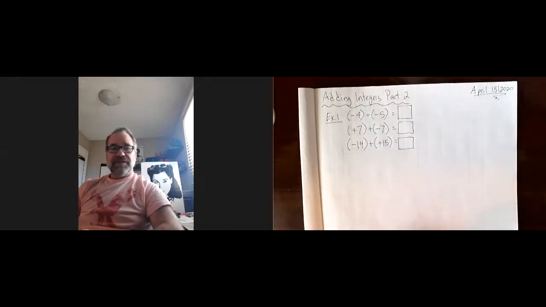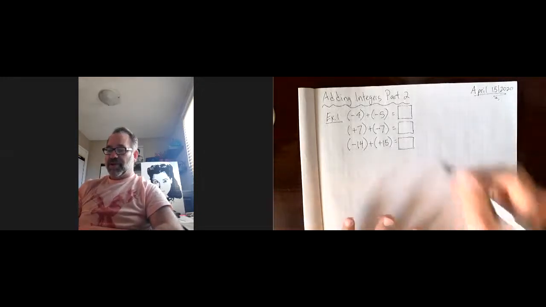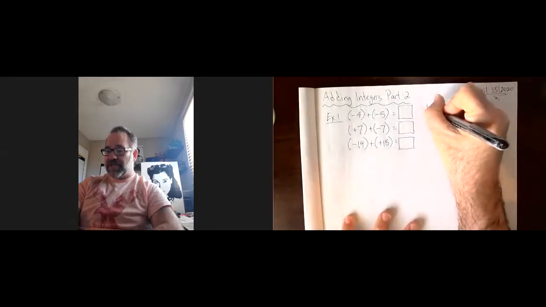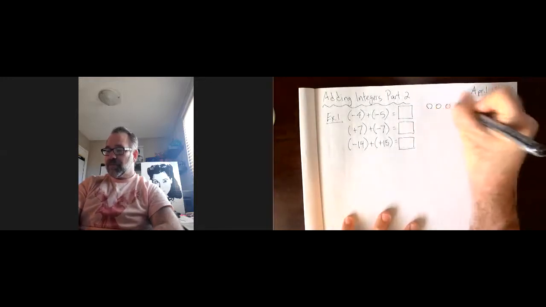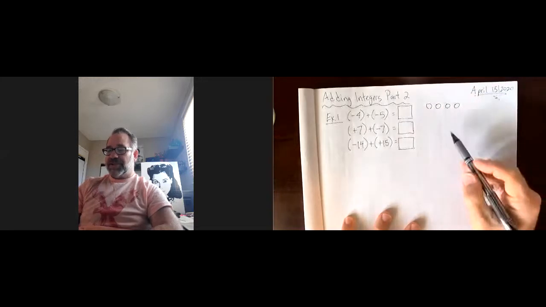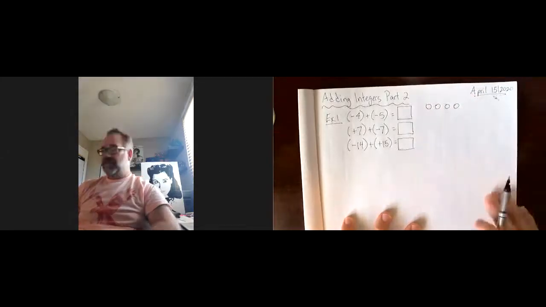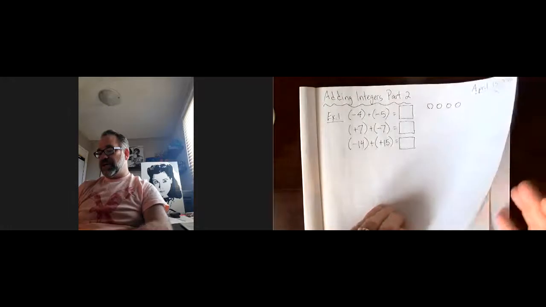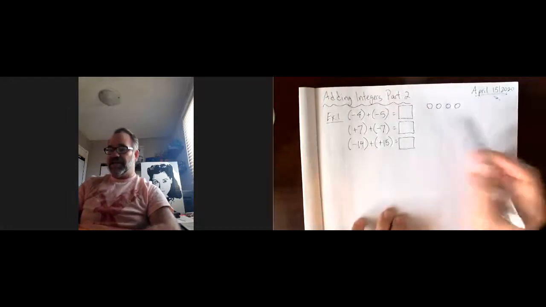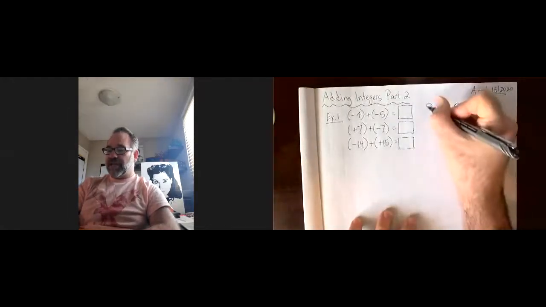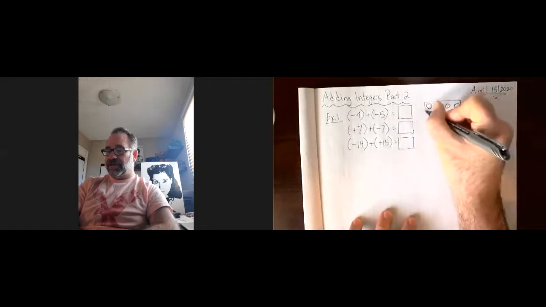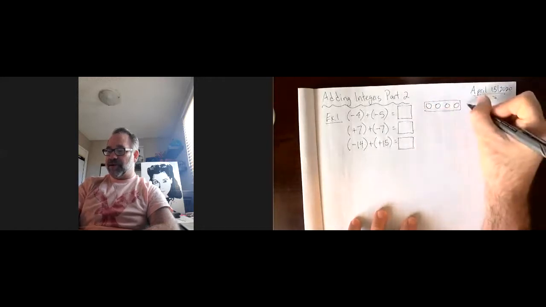All right, hopefully that's given you a little bit of time to work on this. We're going to do the models again to show you our first integer. Now these are all negatives, and if you think back to yesterday, we did the negative ones as being non-shaded. Here's our -4.